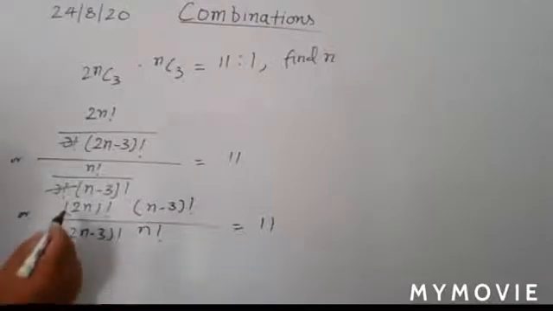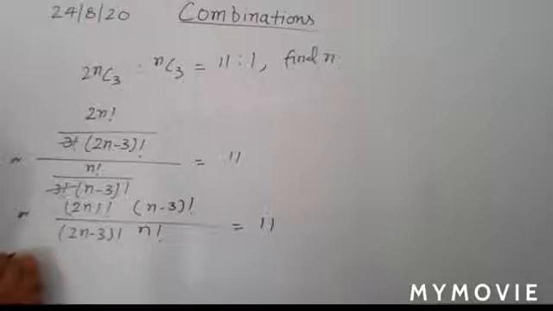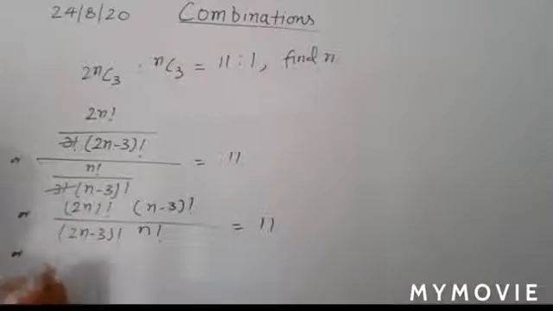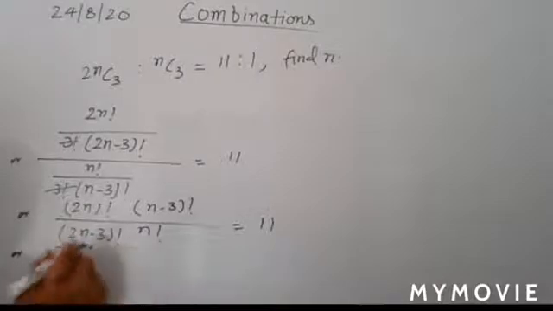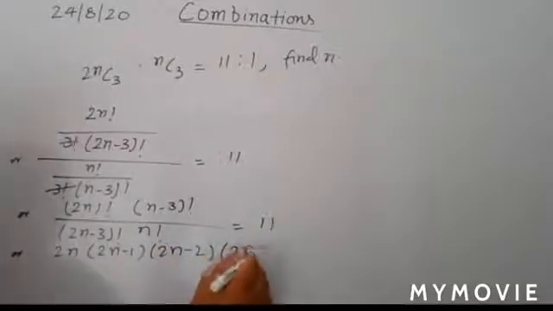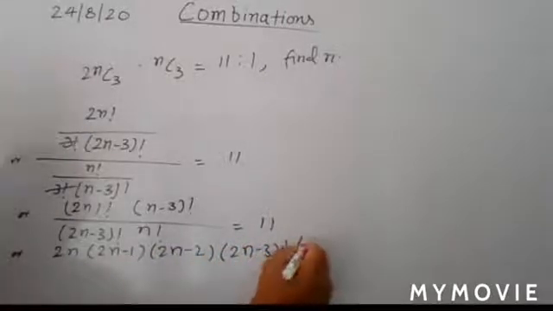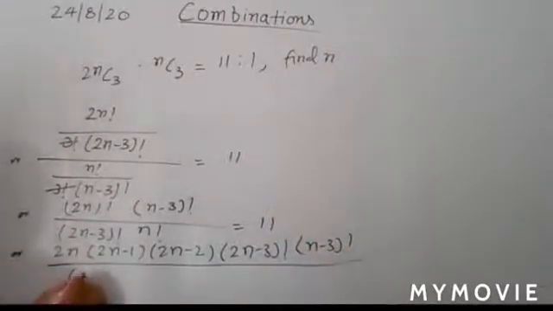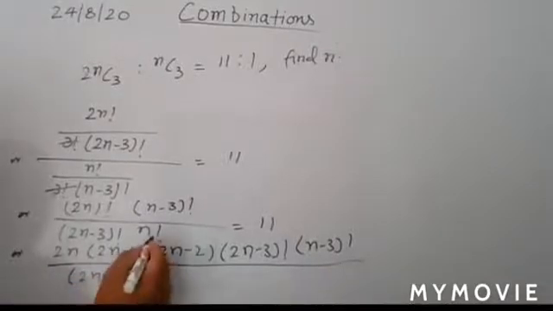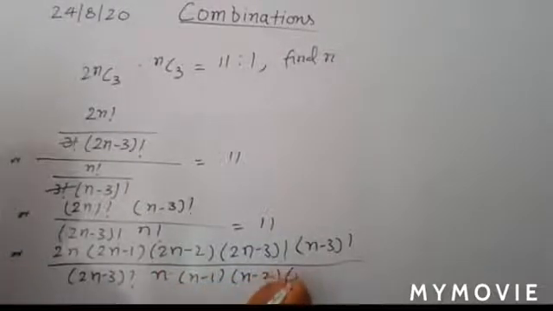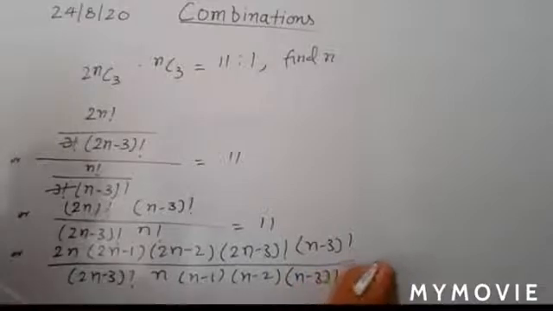Now you expand the greater factorial. Here you have 2n minus 3, here you have 2n. So 2n is to be expanded. So you write 2n into (2n minus 1) into (2n minus 2), and here you have (2n minus 3) factorial into (n minus 3) factorial, whole divided by (2n minus 3) factorial, and here you expand n factorial: n into (n minus 1) into (n minus 2) into (n minus 3) factorial is equal to 11.